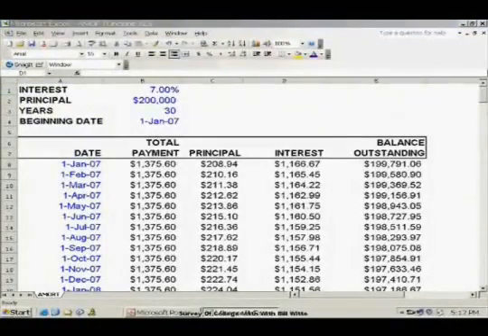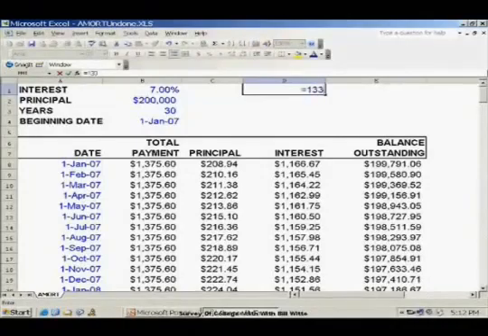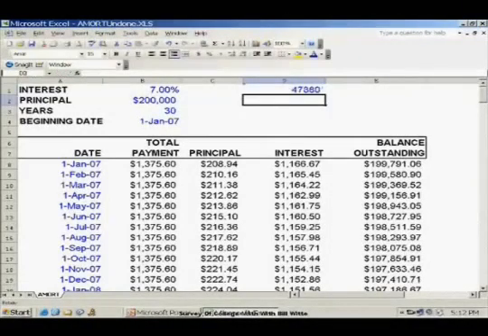By paying that $45 extra, just $45 extra every month, I saved myself 3 years worth of mortgage payments. Well, let's see. One payment is $1,330 times 3 years, or times 36 months. I saved myself close to $48,000 of payments.